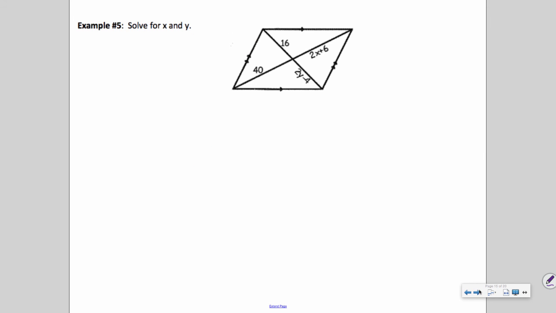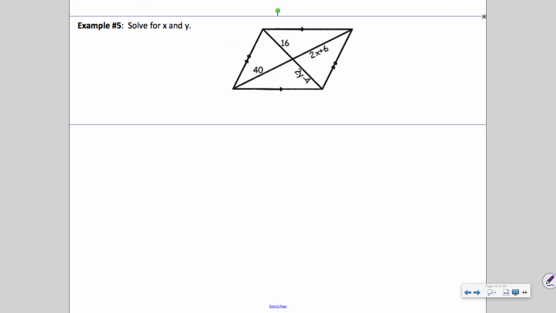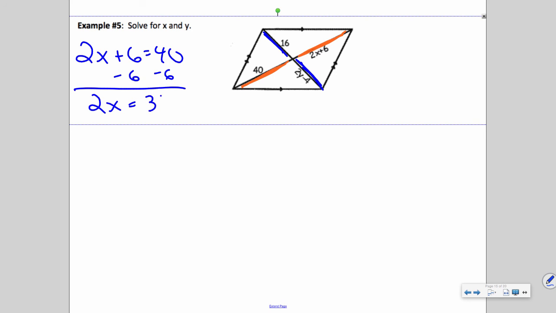And this last one deals with that last property, where you see that these measurements are not stuck in the corner. They're not angles, so they are diagonals. So I know that this 40 has to be the same as that 2x plus 6. And this 16 has to be equal to the 2y minus 4. So I would do 2x plus 6 equals 40 and solve for x there.